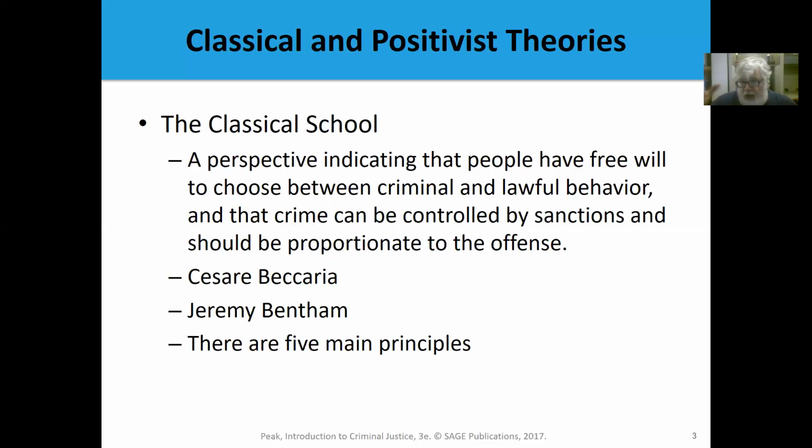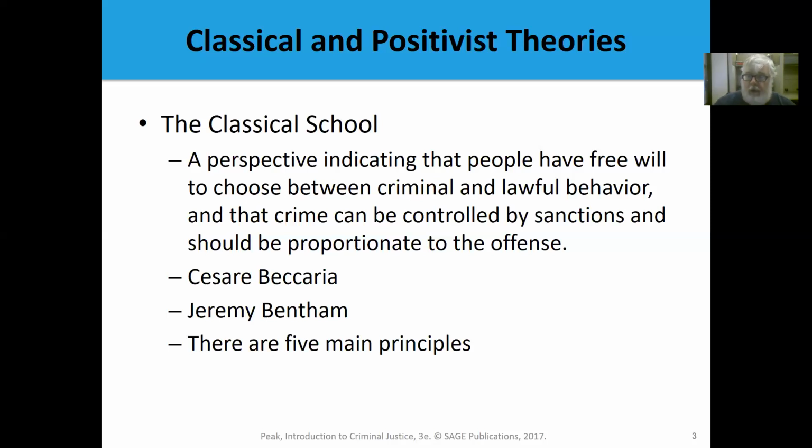So that's like the first major school, and our criminal justice system pretty much is based upon classical theories where we have laws in place, we have consequences in place that then suggest that people might be deterred by that consequence.